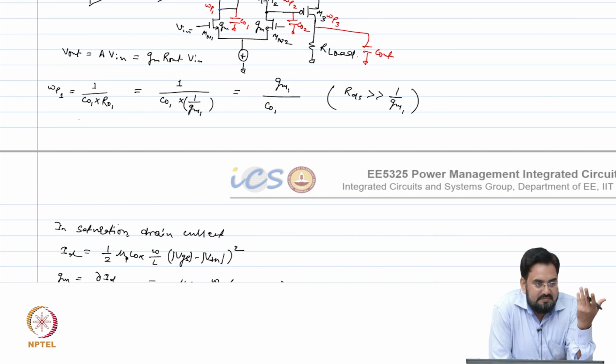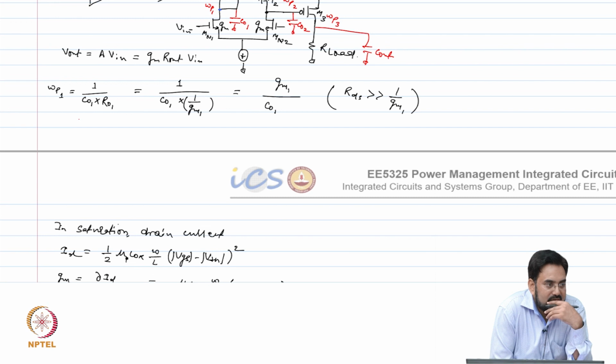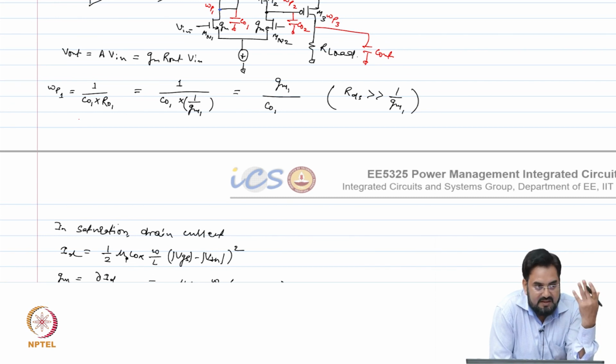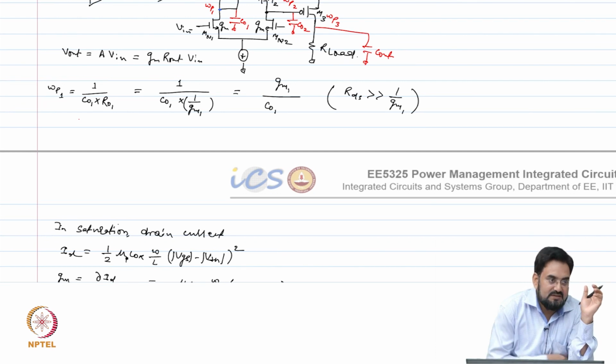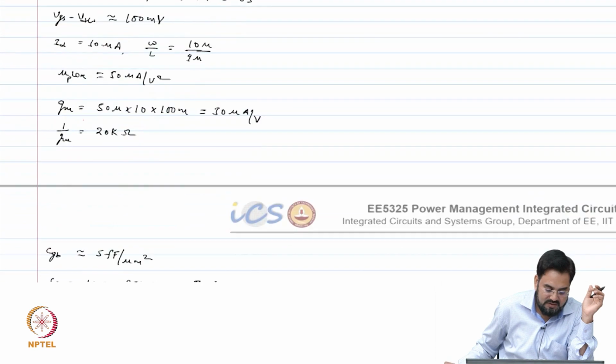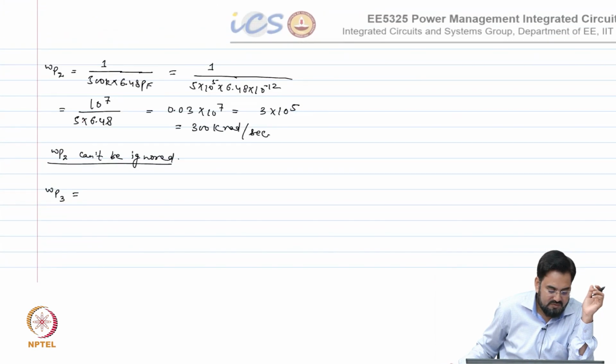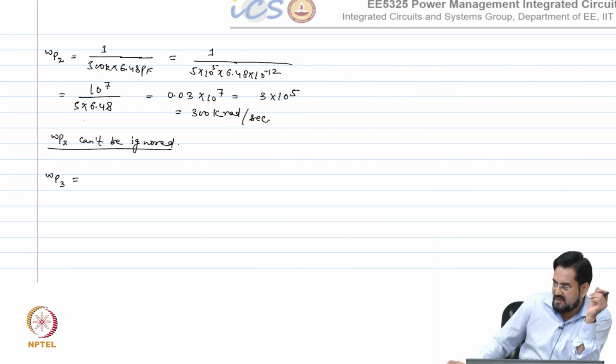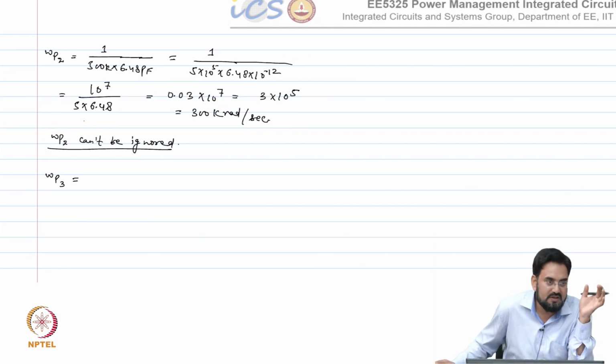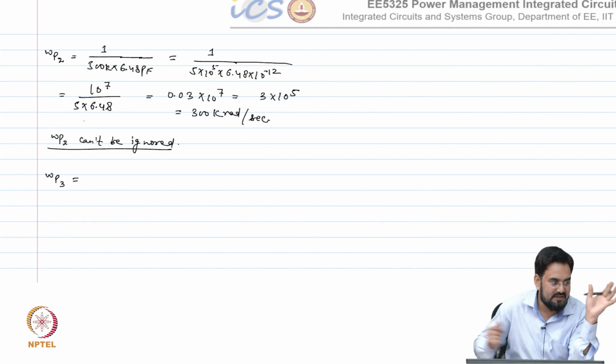C out is basically not a fixed cap. I mean, this is an external cap which you need to put at the output. It could be of the order of picofarad, microfarad, you never know. So we have to assume a value to start with. Usually you put a minimum of the order of tens of picofarad, and the maximum could be anything, even microfarad.